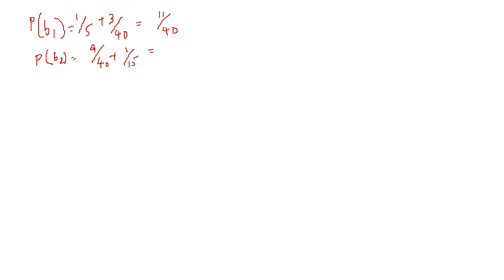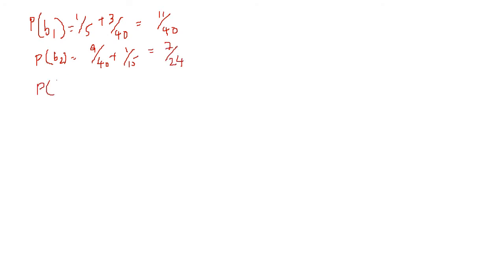Now by using the joint probability matrix property, that is, addition of columns is going to give you the output probabilities, we'll add the column elements. So P of B1 is nothing but 1 by 5 plus 3 by 40, which will be equal to 11 by 40. Similarly, P of B2 will be equal to 9 by 40 plus 1 by 15, which will be equal to 7 by 24.